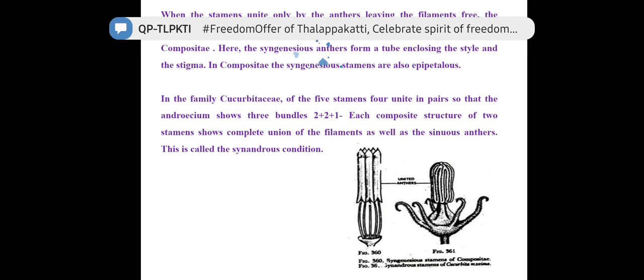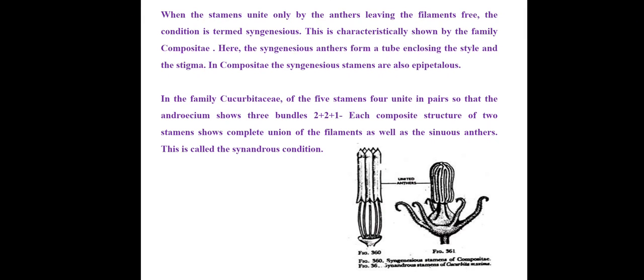This is part 2. Here we complete the study of the androecium and its types, its union, adhesion and cohesion. I hope you have studied properly. I request all students to go through the video, learn it and study it well.